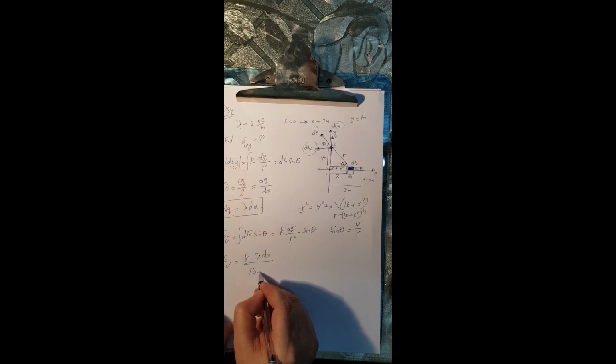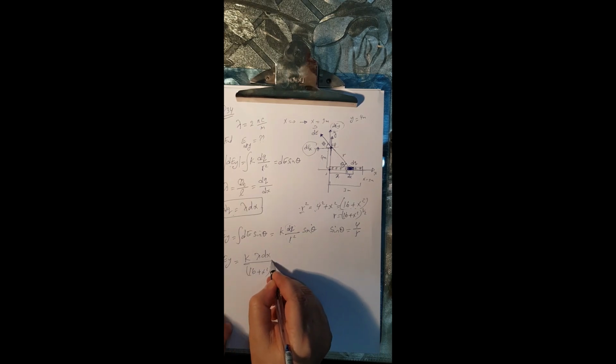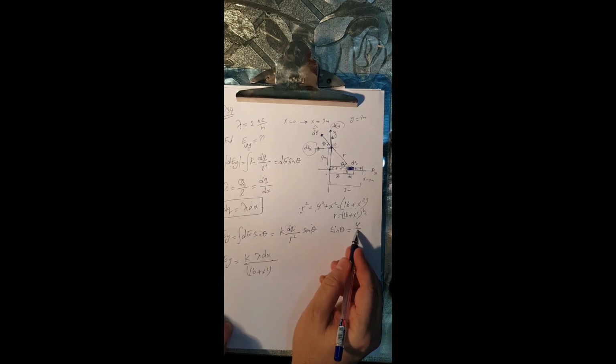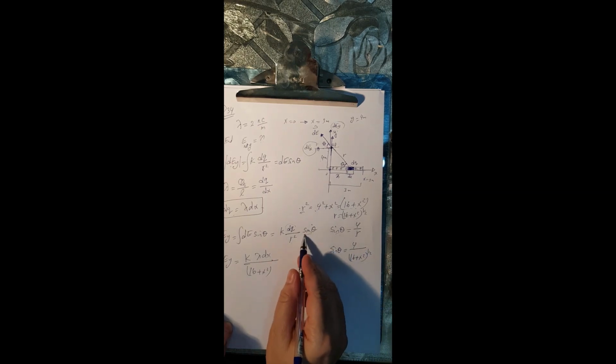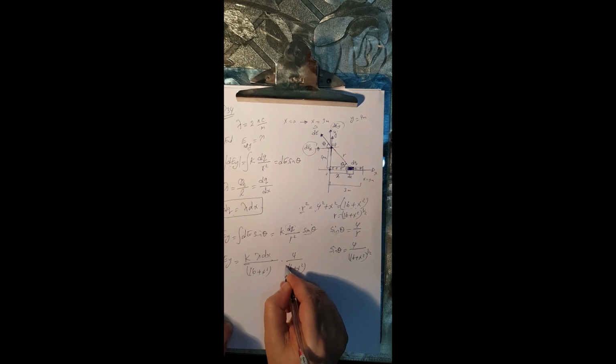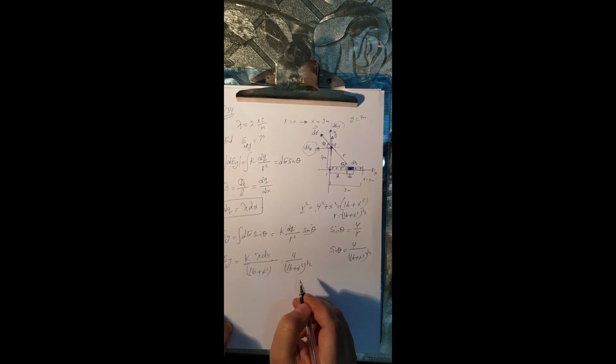the r square is 16 plus x square, and the sine theta, we look here, what is sine theta now? 4 over r, which is 16 plus x squared to power half. Now replace sine theta by this term, 4 over 16 plus x squared to power half.